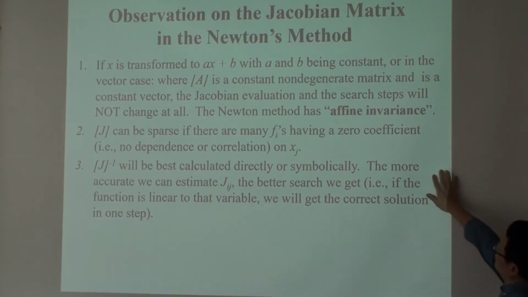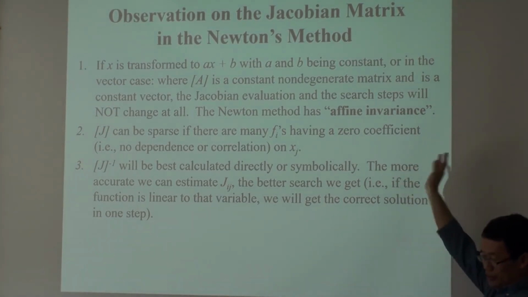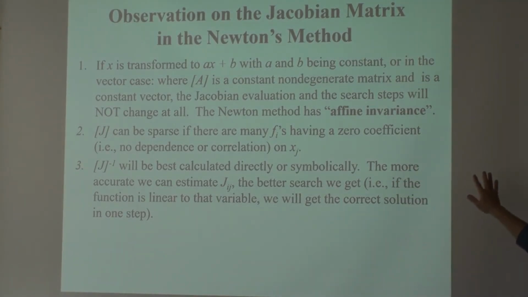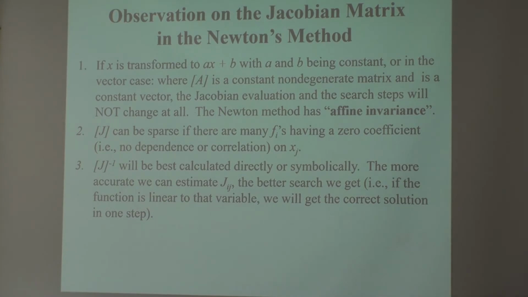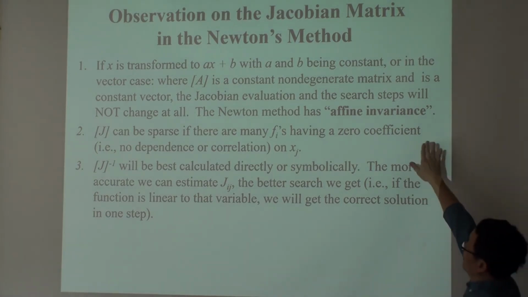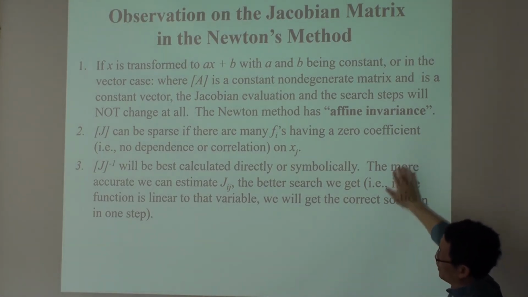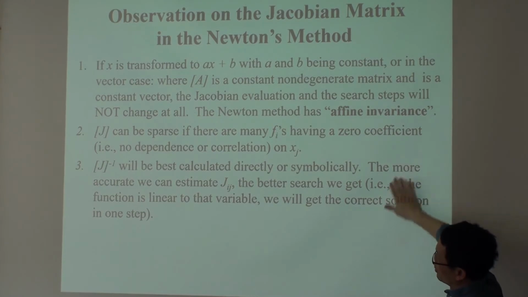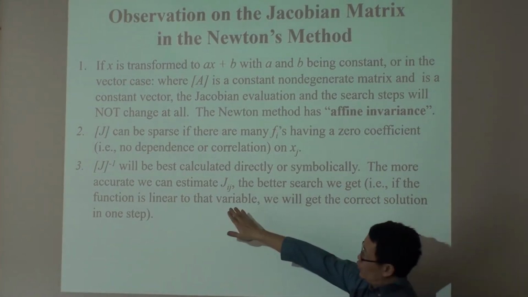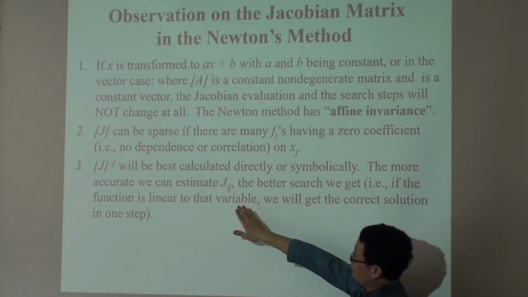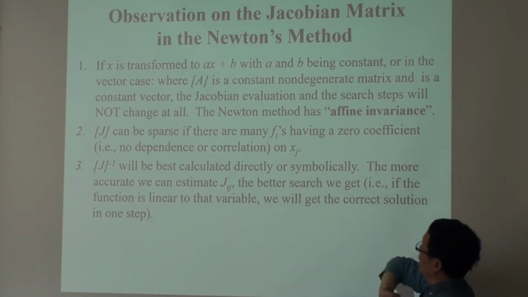A Newton method is linear invariant. That means if you do some linear operation to the x and b, you remain the same search, if it's a linear problem. What is the Newton method? I guess the problem is linear locally. So it is affine invariance or linear invariance. The Jacobian can be sparse, but if you can calculate the Jacobian inverse required for the search, directly or symbolically, that's great.